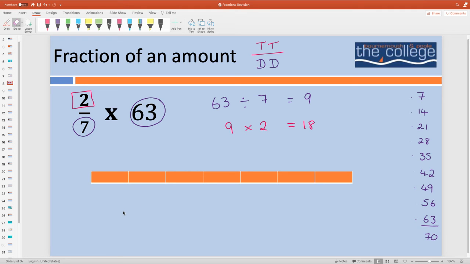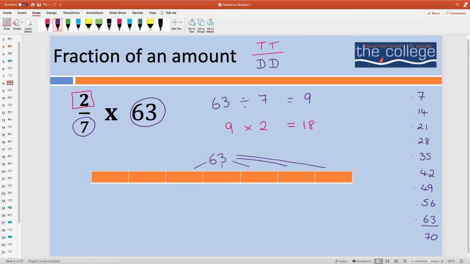Now, another way to look at this is to have your number split up into boxes. Now, because we're dealing with sevenths here, we need 7 boxes. So these 7 boxes are equal to 63. Okay, so this whole load of boxes equal to 63. So imagine you're splitting this 63 up equally into these 7 boxes.